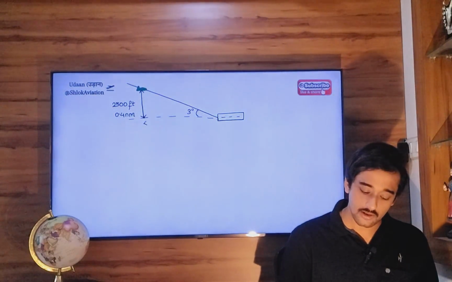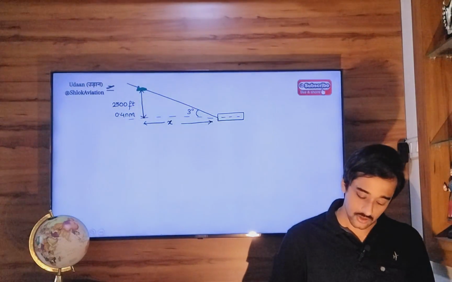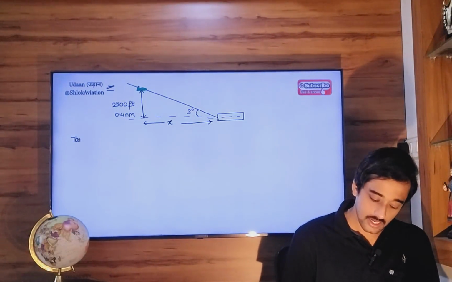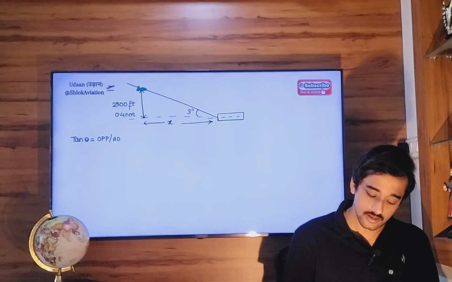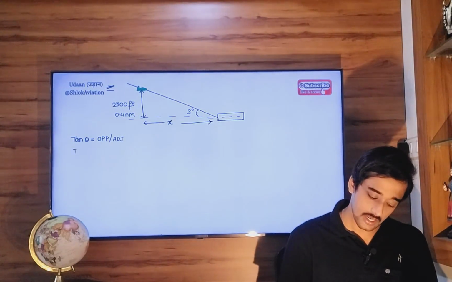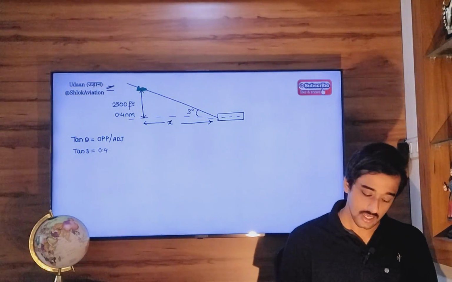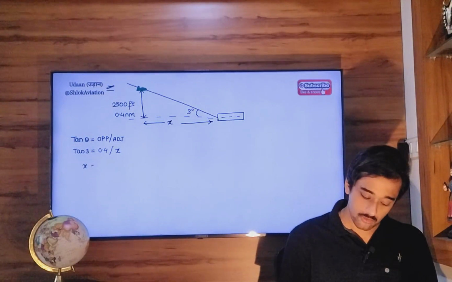We have to calculate this horizontal distance from the threshold, the ground distance. Let's use trigonometry: tan theta equals opposite side divided by adjacent side. So tan of 3 degrees equals the opposite side of 0.4 nautical miles divided by the adjacent side x. So x equals 0.4 divided by tan 3.